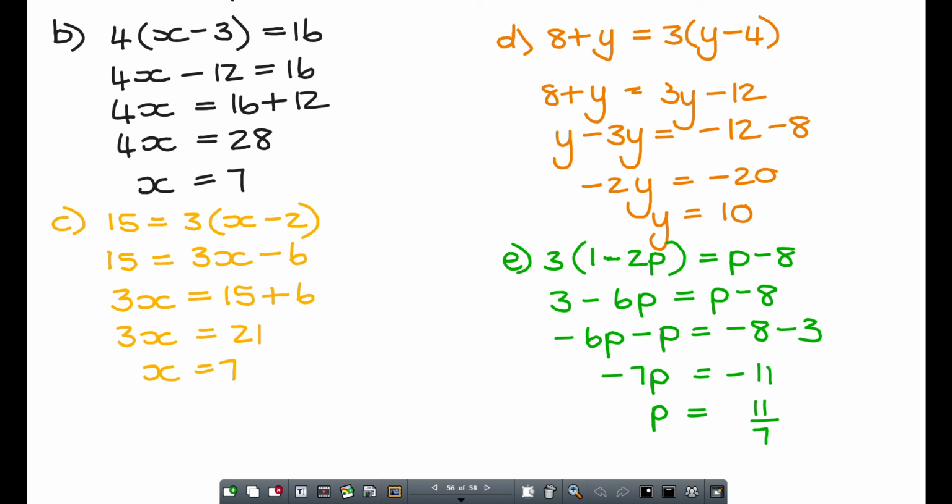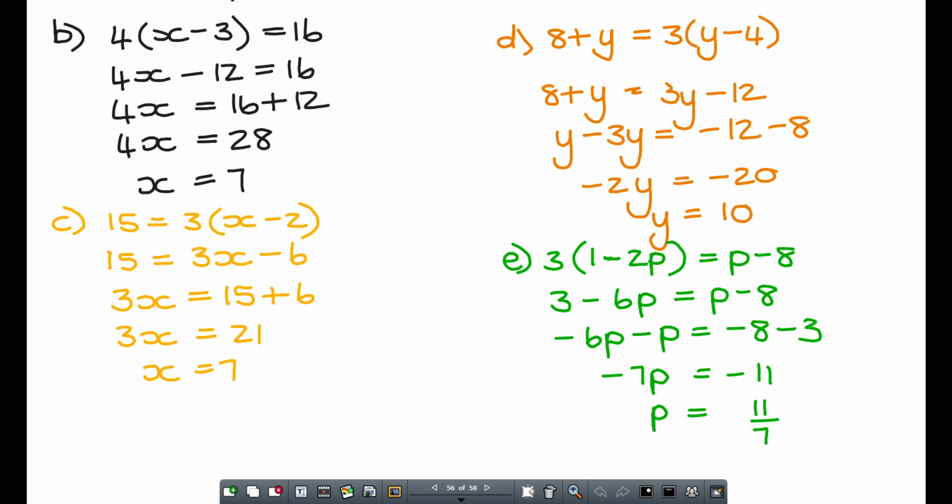Any questions? Can I skip? In the test, rather write the fraction, please. Okay. Because I know you can work it out with your calculator.